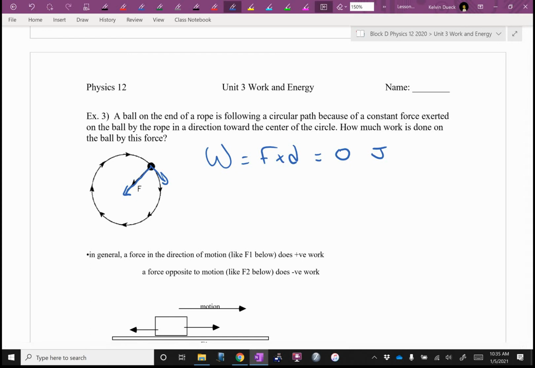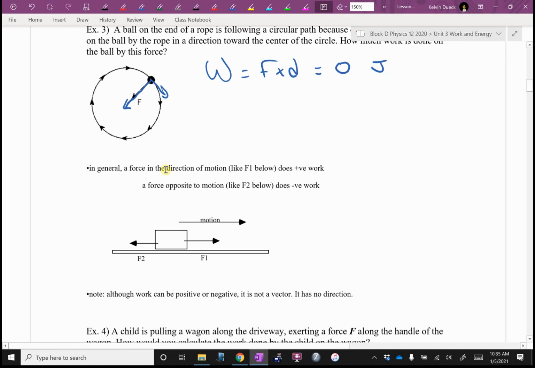Let me give you another example. Pause the video for a second. You can have negative work. If the distance and the force are in the same direction, that's positive work. If they are in the opposite direction, that's negative work.